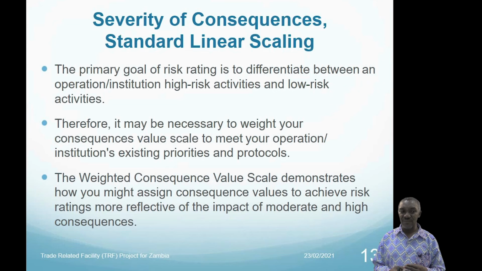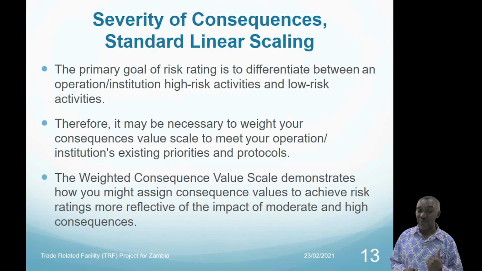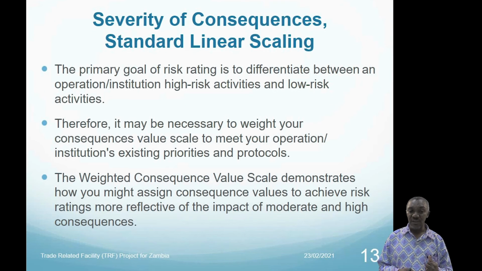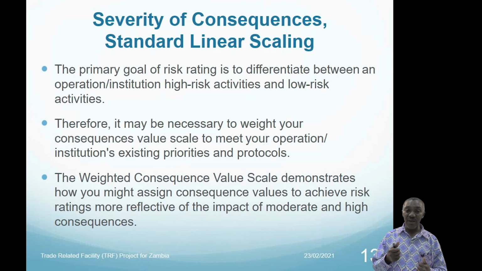In that case, we can rate it as 4, but the consequence is 1. If you look at the formula I gave you earlier for risk rating, in the case of E. coli the likelihood of occurrence is 4, but the magnitude or severity of the consequence is 1. So if you multiply 4 by 1, you get 4.